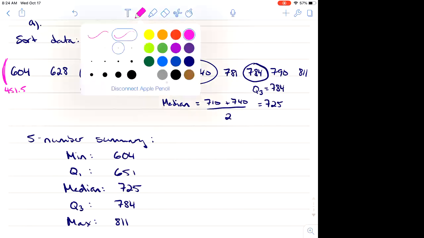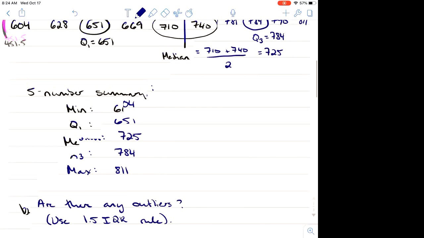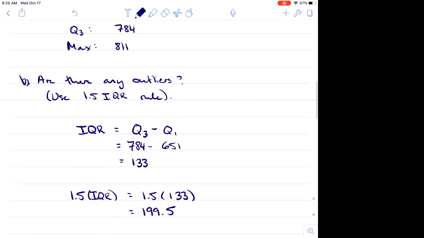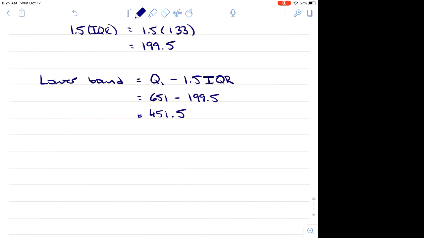You can also just look at the minimum. Even if you don't have the actual data, you can look at the minimum and say, well, the minimum is 604. So the smallest value in the data set is 604. So there's nothing beyond 451. So what does the 199.5 demonstrate?